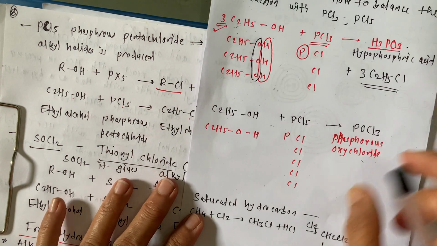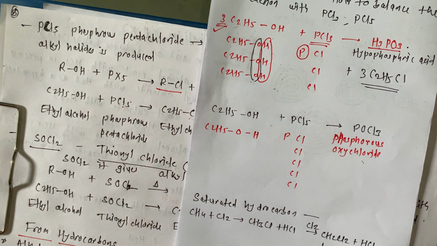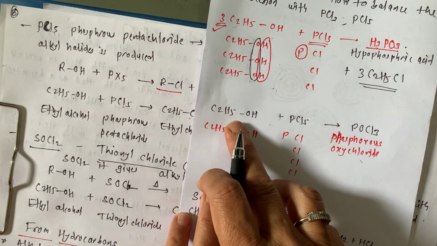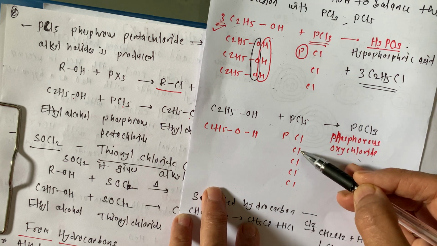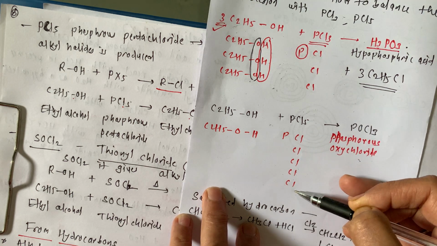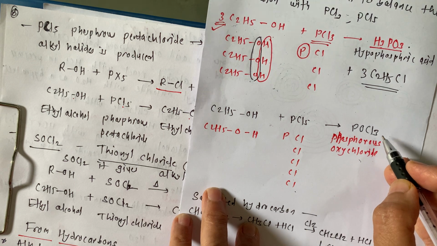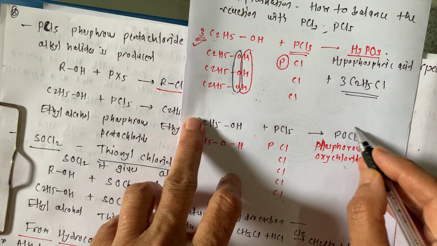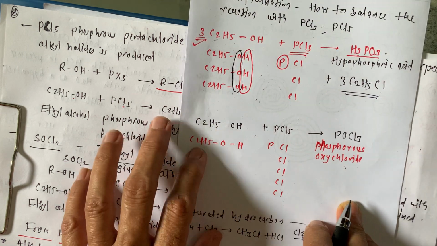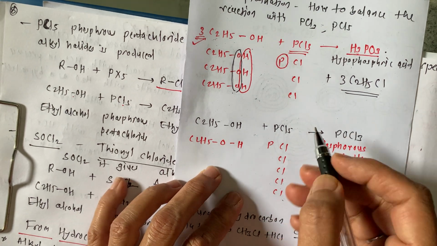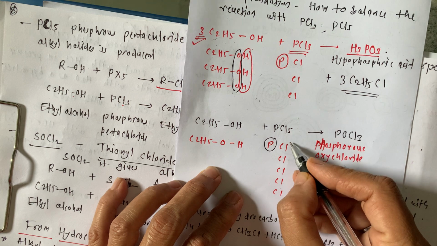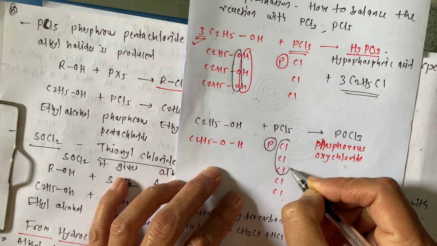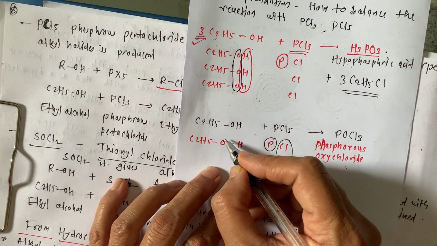Then for the next, phosphorus pentachloride, this is our ethyl alcohol again, with PCl5. So 5 chlorines, 1, 2, 3, 4, 5. Now you have to remember the byproduct is POCl3. So what are you going to remove? This phosphorus, then these 3 chlorine atoms and 1 oxygen.